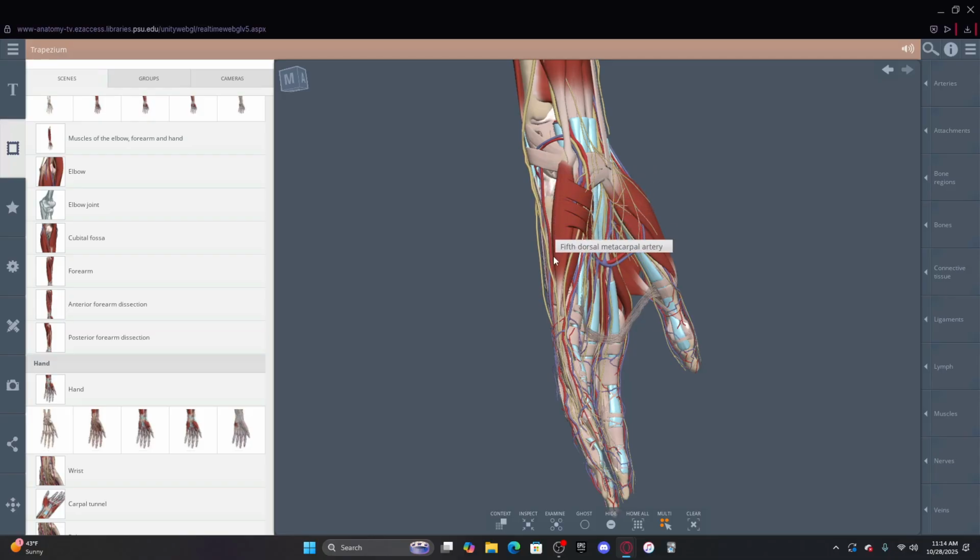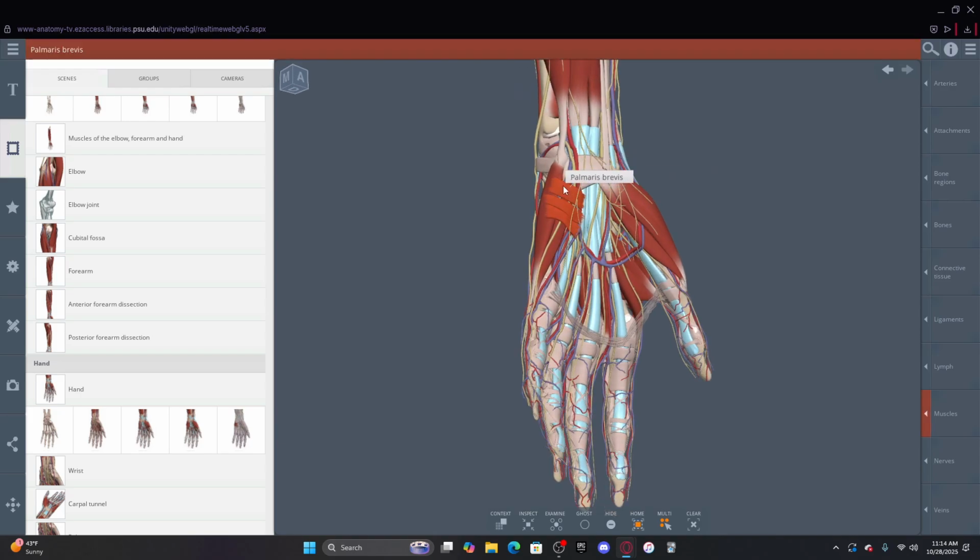Don't worry about the actual names, because the hypothenar muscles are comprised of three different muscles that you don't need to know, but we're using hypothenar as a group, so you can just remember these three muscles as a group of muscles.